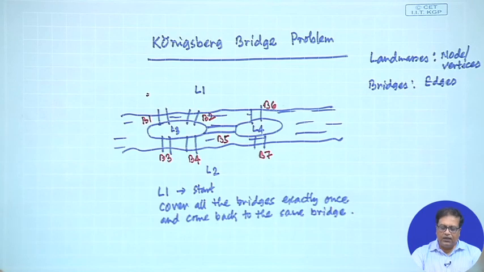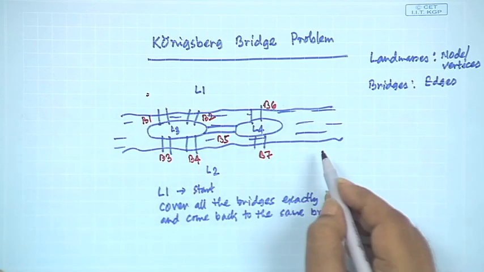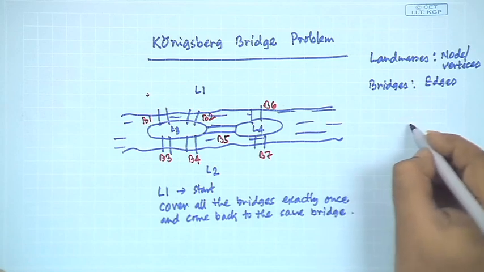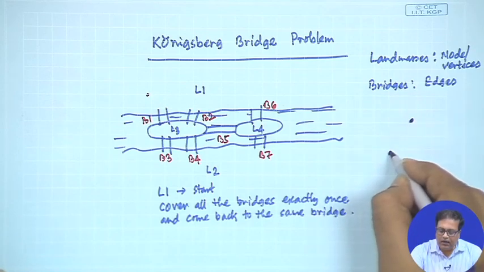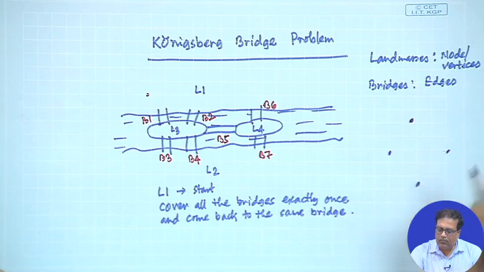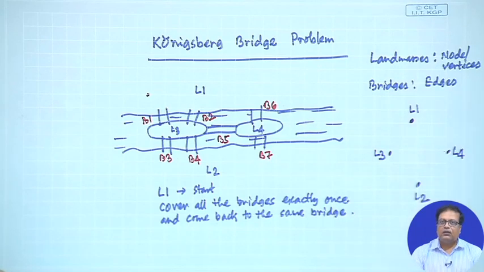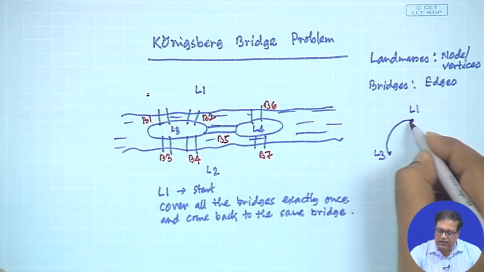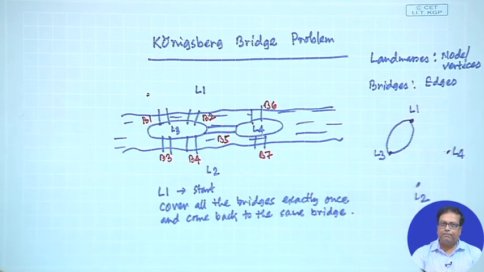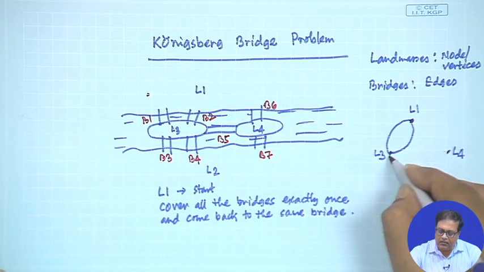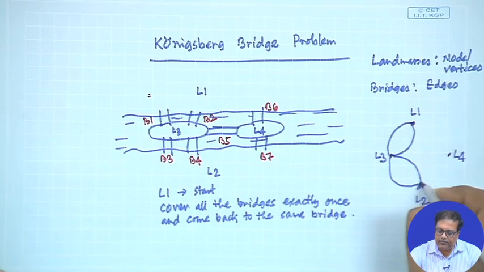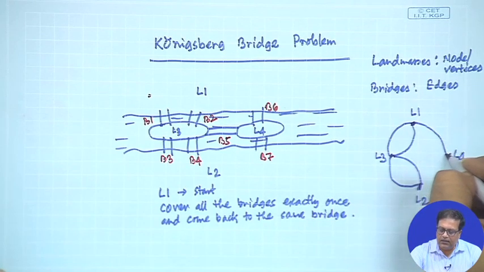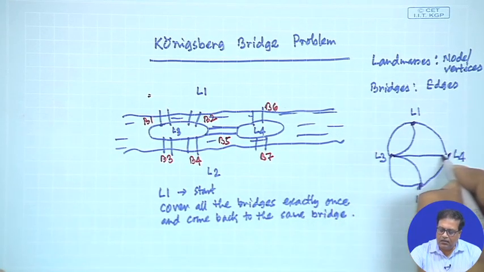Once this is understood, then we can convert this to a network. So, let us take the 4 land masses L1, L2, L3 and L4. So, these are the 4 land masses. Now, L1 and L3 are connected by 2 bridges. So, look, it is like a parallel edge. Similarly, 2 bridges here, single bridge here and a single bridge here.